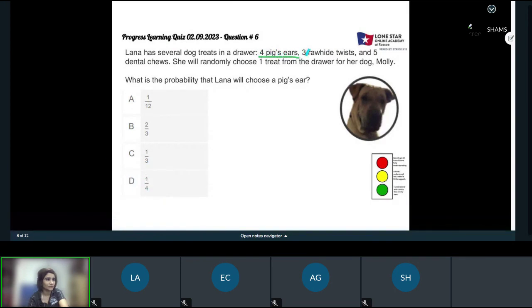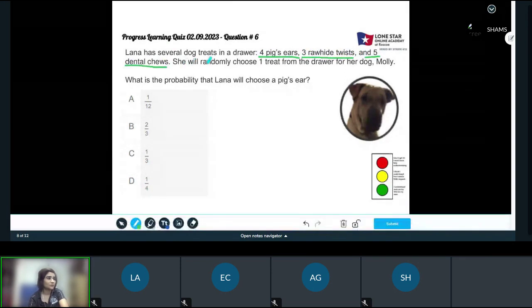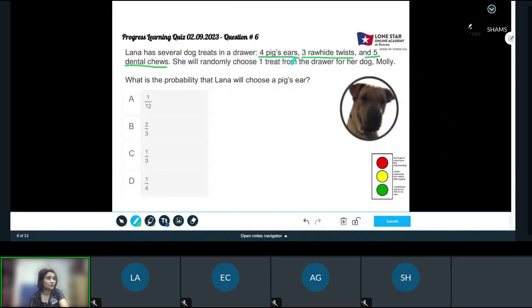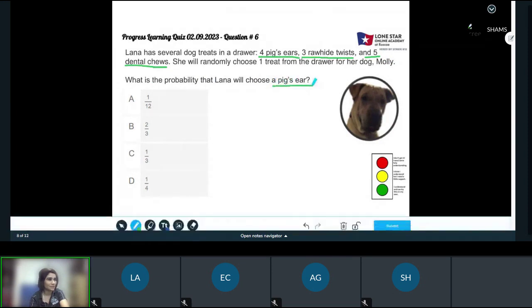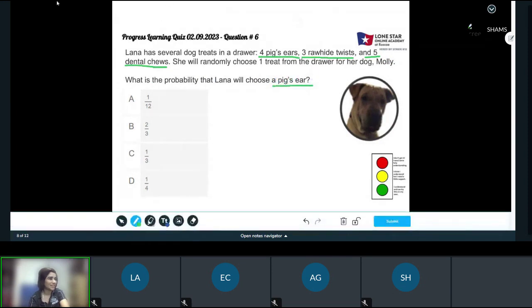All these are the dog treats that Lana has. She will randomly choose one treat from the drawer for her dog, Molly. And here is Molly's picture. What is the probability that Lana will choose a pig's ear? Go ahead, get started. Let me see how you guys do on this.